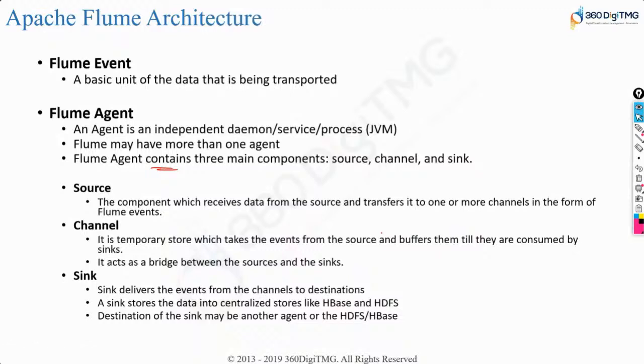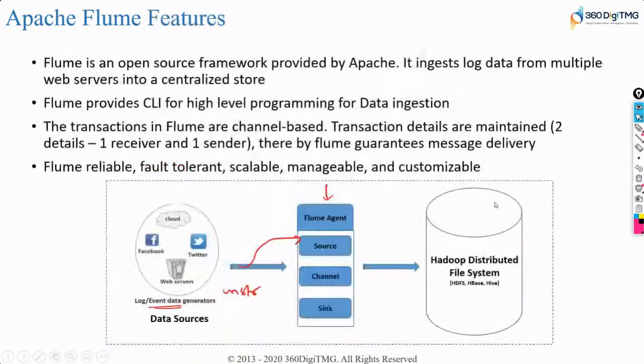Source is the component which receives the data and then transfers it to one or more channels. It takes whatever log you're sending or generating, and that data is converted into an event here. Then it is passed to channel. That's the job of source.